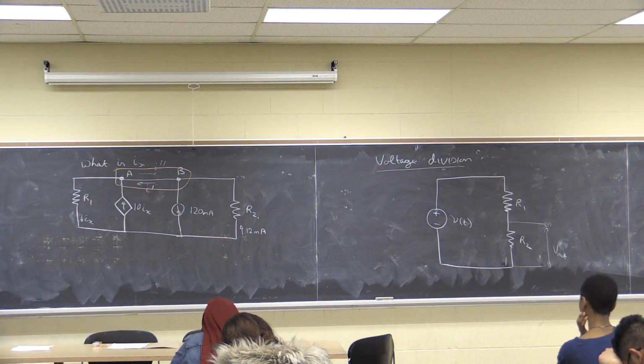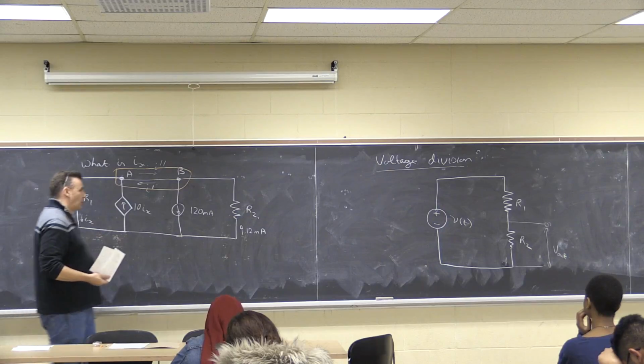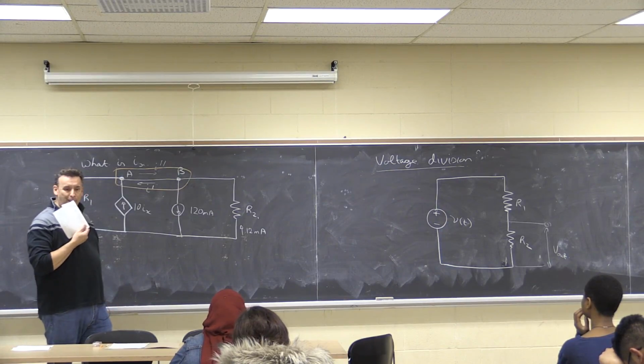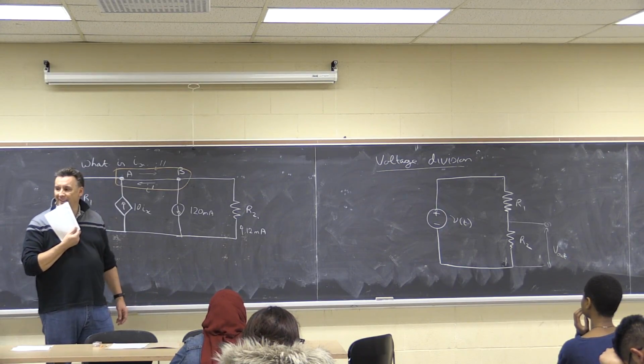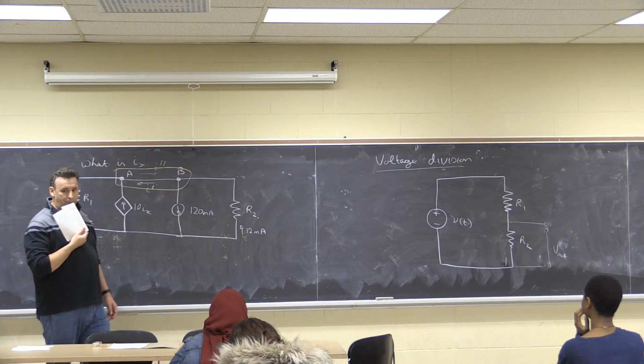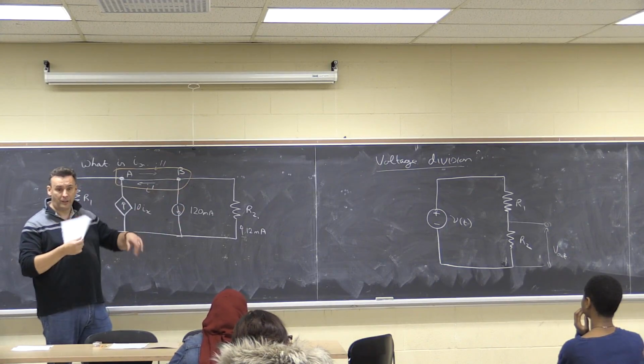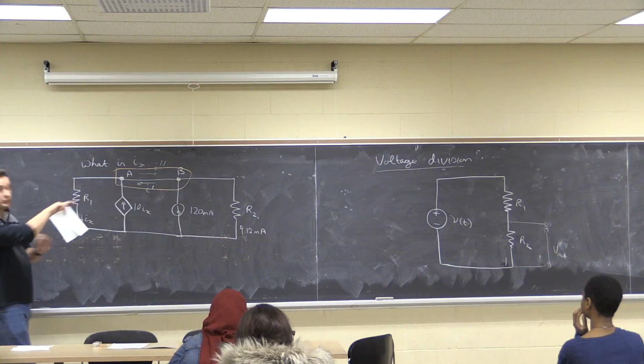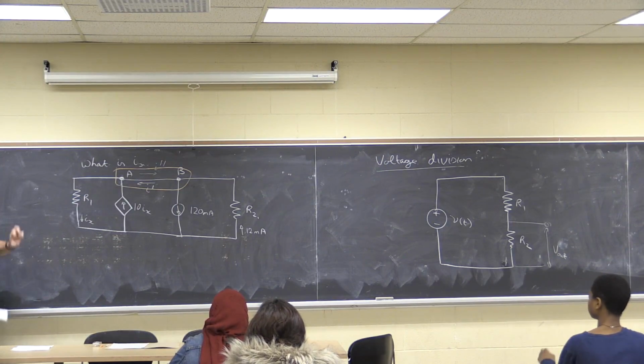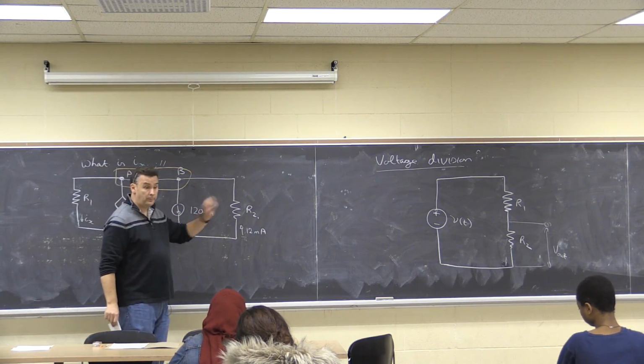Remember, voltages you measure across a resistor. You take a voltmeter. What are the properties of a voltmeter in terms of resistance? Infinite. Therefore, it draws no current. Therefore, it measures the potential across what it's looking at. So I'm looking for a voltage difference across R1.